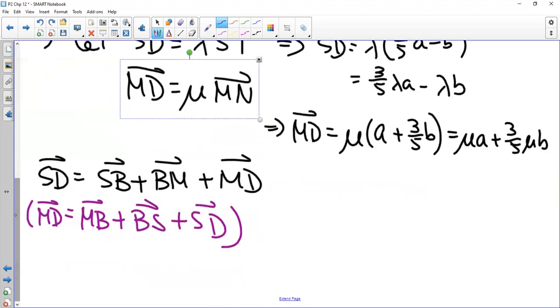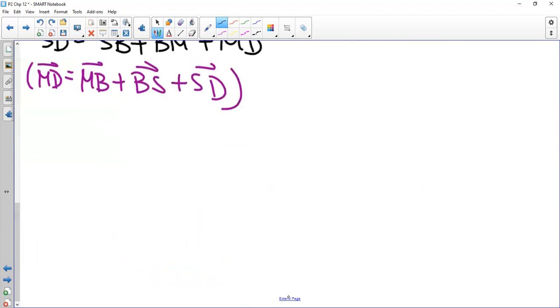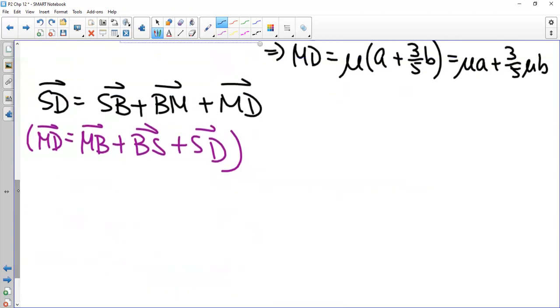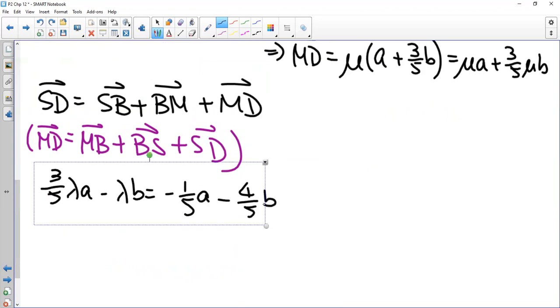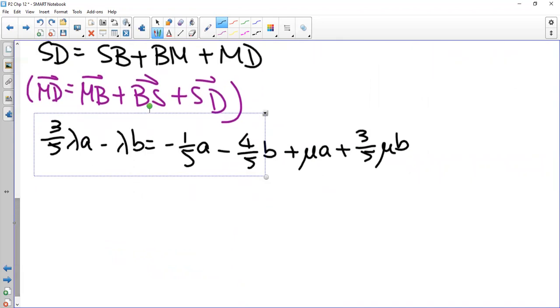SD equals SB plus BM plus MD. So if I go with my first one, then you should get 3/5 of lambda A minus lambda B equals minus a fifth A minus 4/5 of B plus mu A plus 3/5 of mu B. Next step, compare the coefficients.